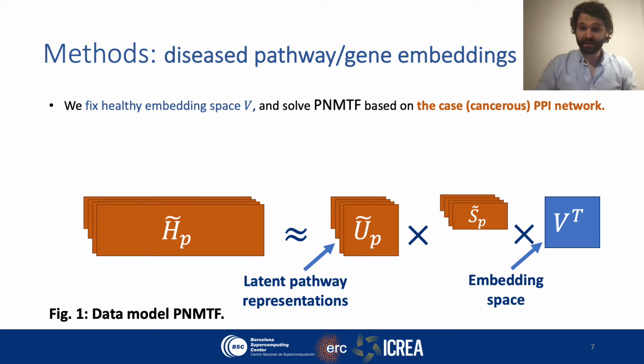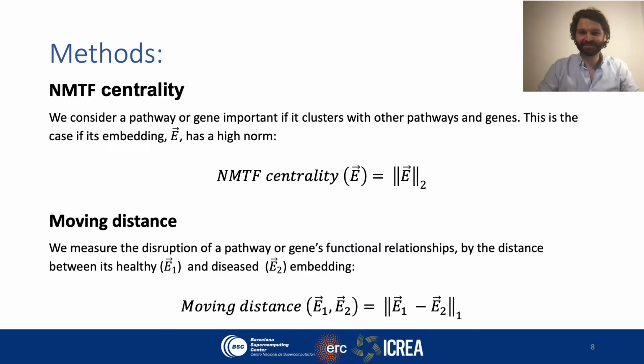To also get a diseased representation of a given pathway or gene, we simply just fix our space VT, which we learned based on the control PPI network, and solve our PNMTF model again, but this time based on the case, so the cancerous PPI network, and compute our embeddings again for pathways and genes.